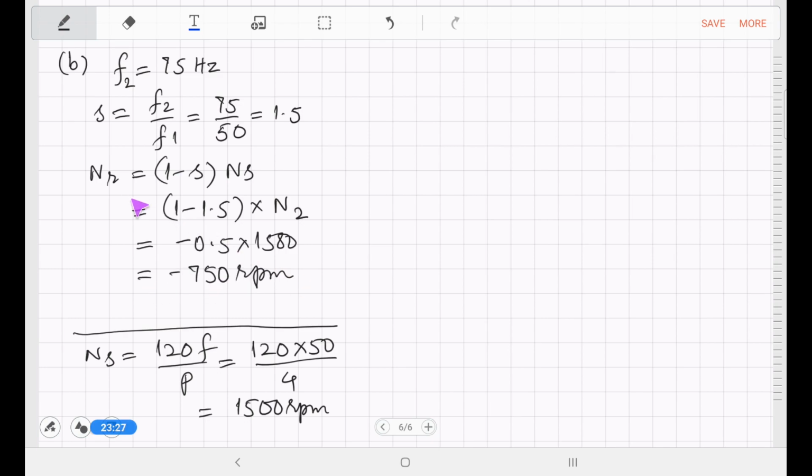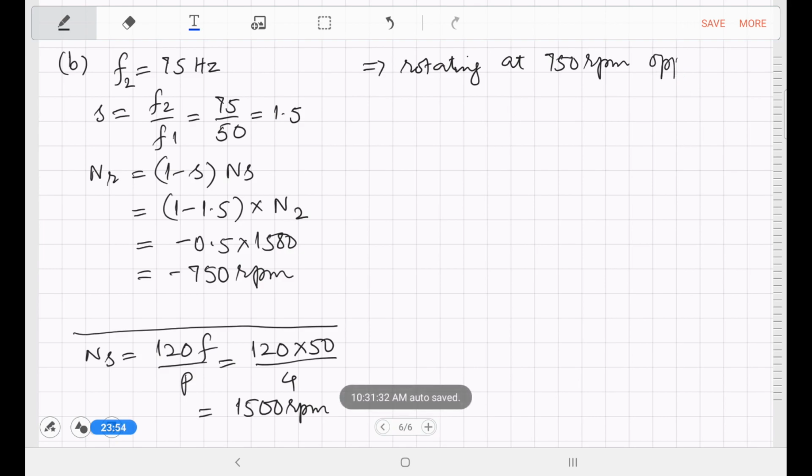So a negative rotor speed means that the rotor will be rotating in a direction opposite to the direction of the rotating magnetic field at a speed of 750 RPM. So we can write it here. Rotor will be rotating at 750 RPM opposite to the rotating magnetic field.